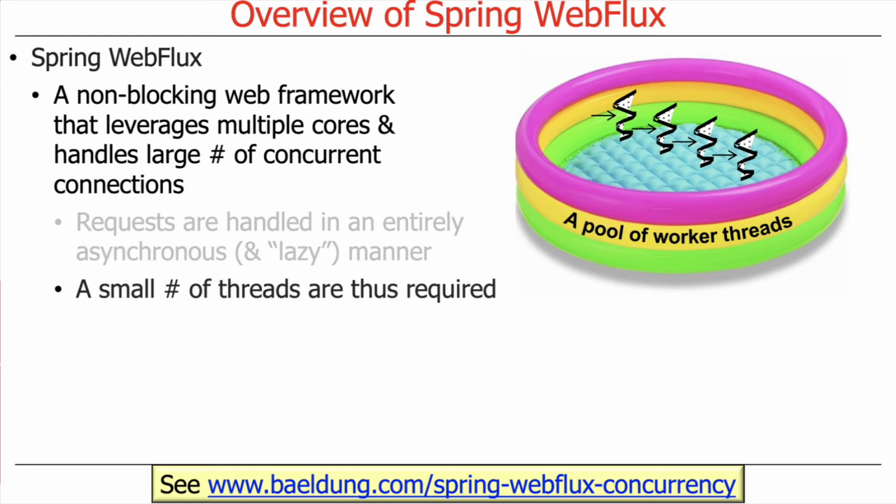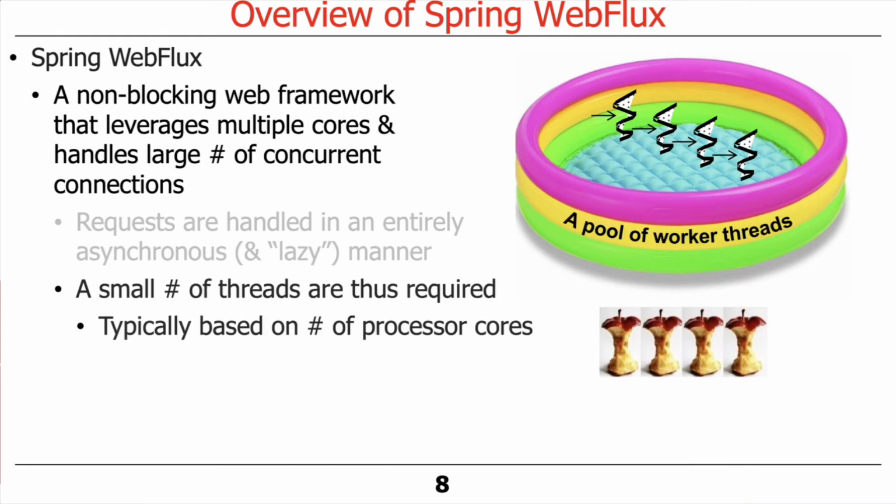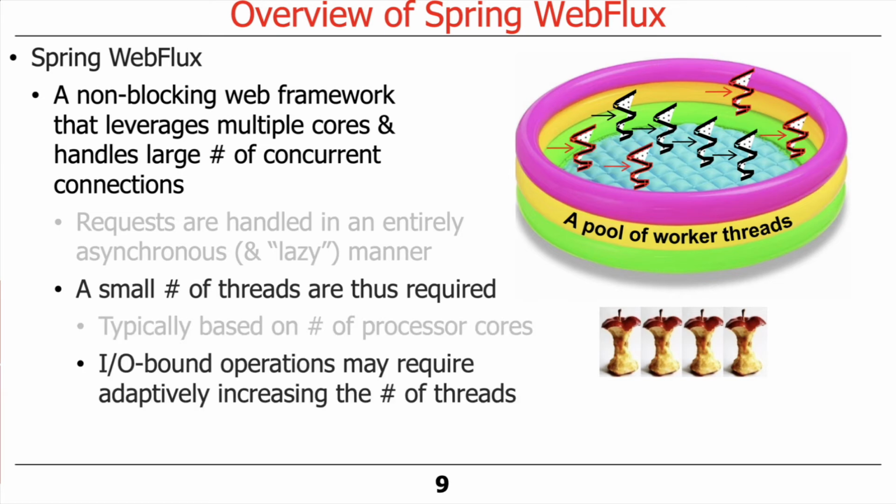Why is this helpful? You can use a smaller number of threads because we don't have to have a thread for every connection. The threads are typically based on the number of cores that are available. Of course, if you use I/O-bound operations, you may need an adaptive number of threads. And by the way, a little hint: there's a scheduler that's part of Project Reactor called Bounded Elastic.